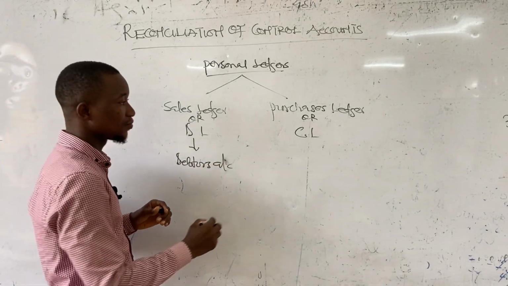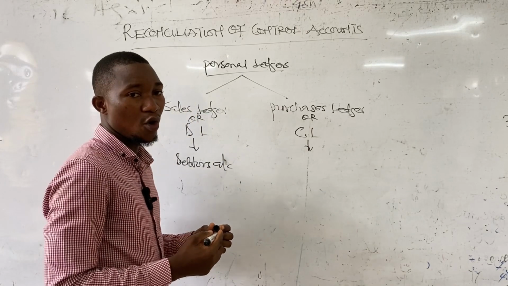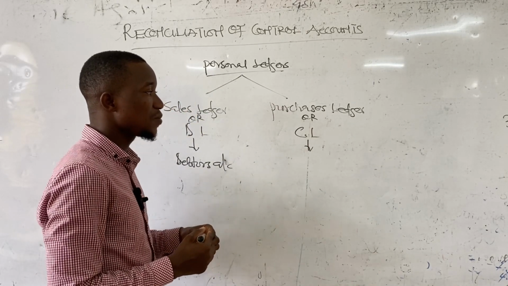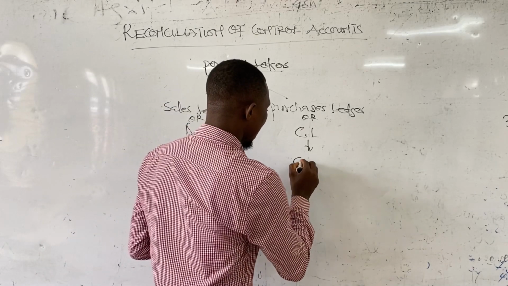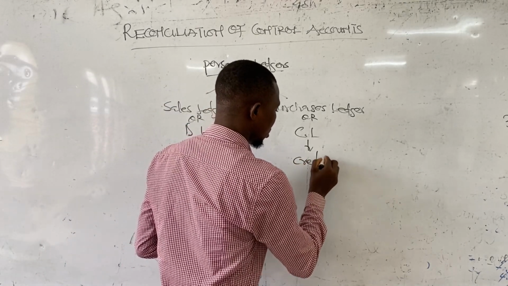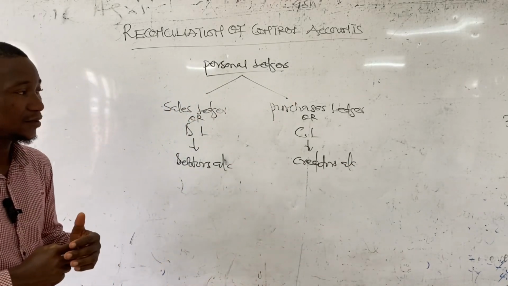On the other hand, people that businesses buy goods from on credit are our suppliers, and these people are what we call creditors. So these creditors accounts are found in the purchases ledger.